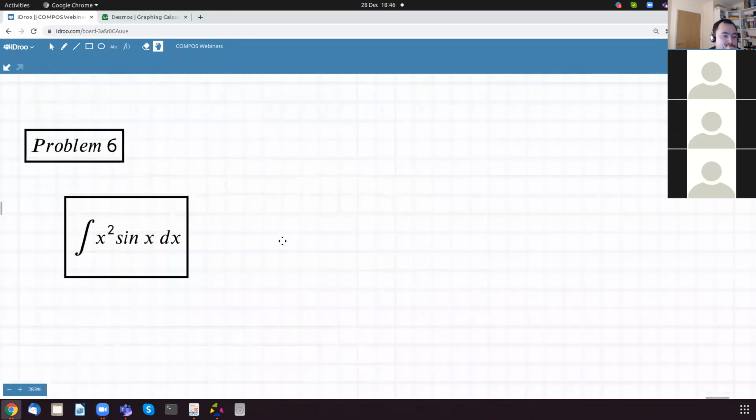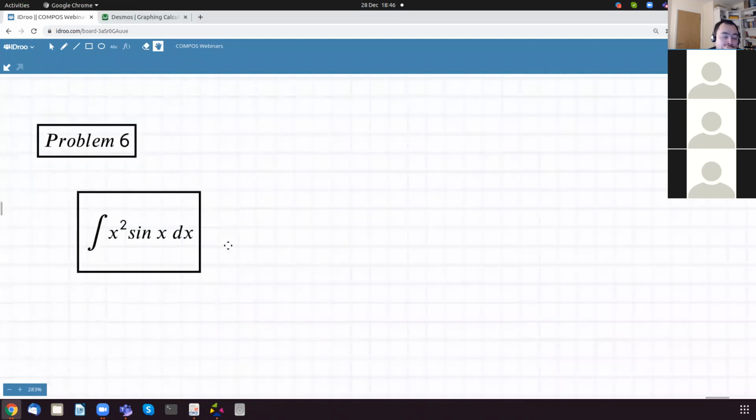Integration by parts allows you to find integrals where you normally have a product of two functions, somewhat similar to the product rule, but it's not the product rule. It is a consequence of the product rule, but we don't have a product rule for integration like we do in differentiation.